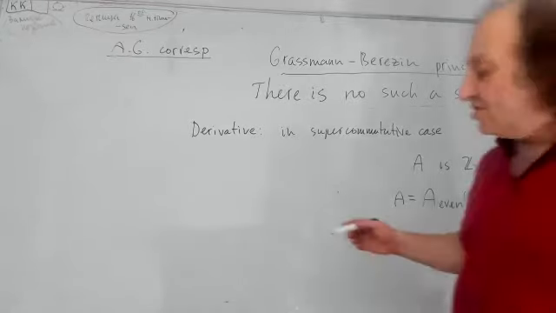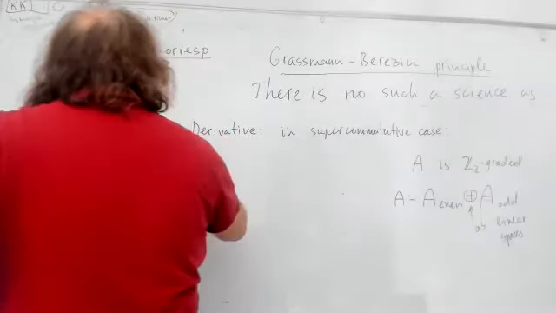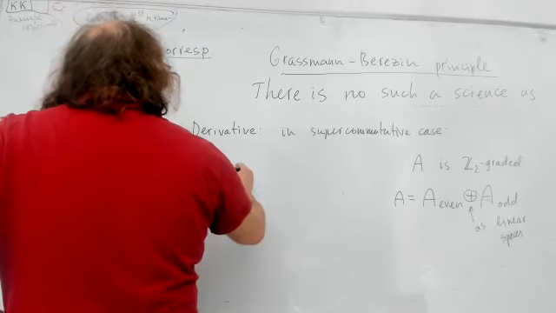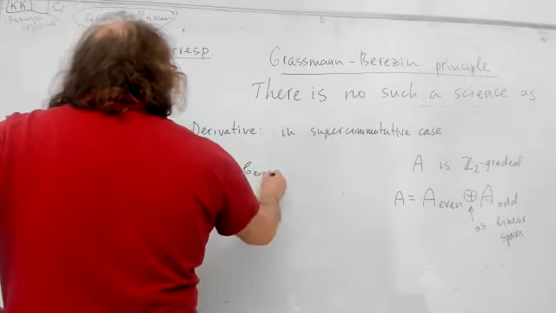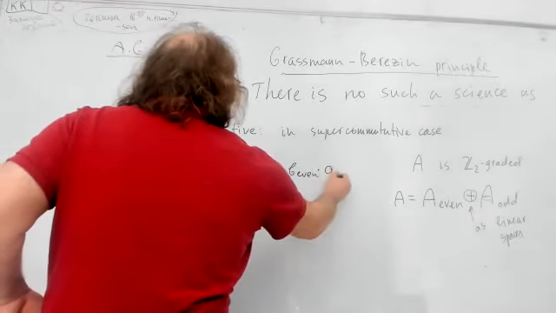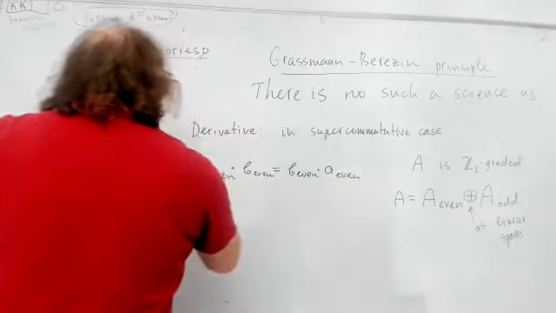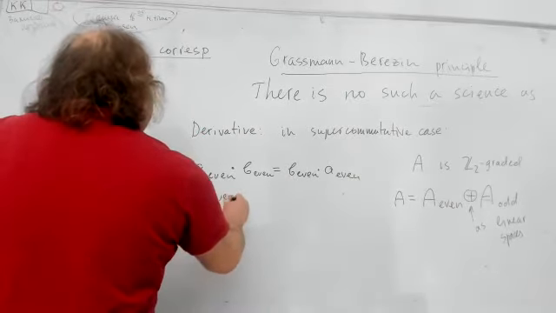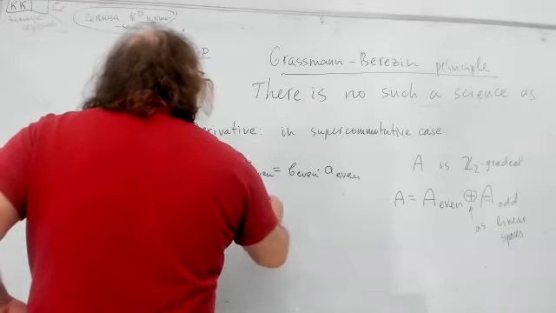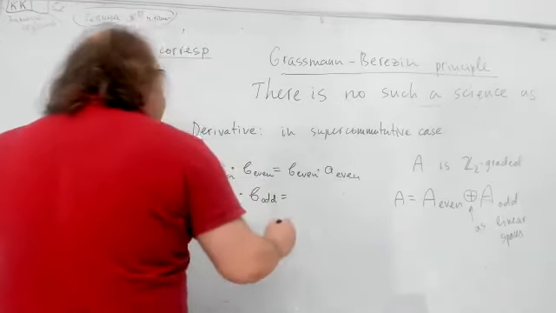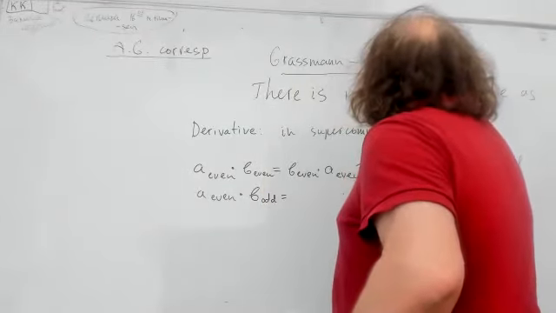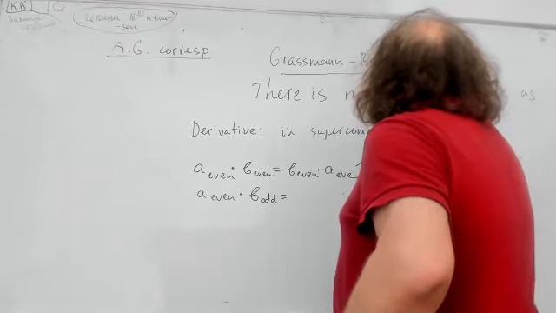And multiplication is such that A even times B even is, of course, B even times A even. A even times B odd is, and also this equals, and say M is even.